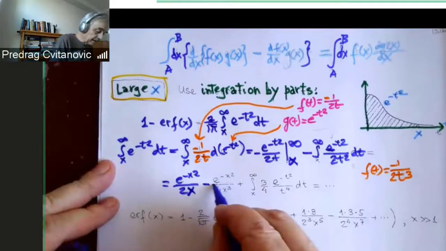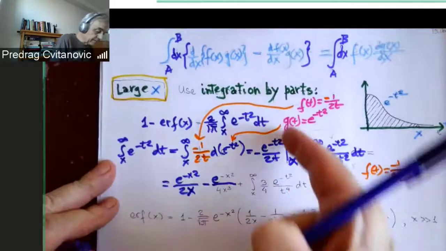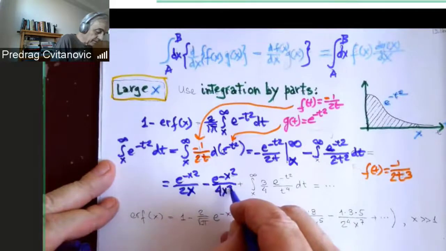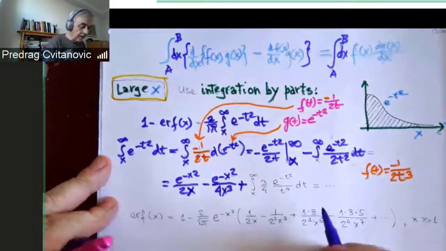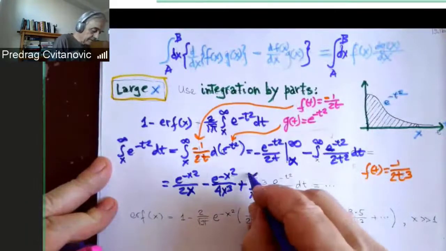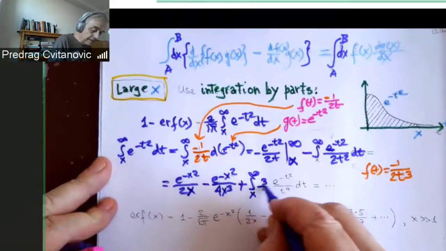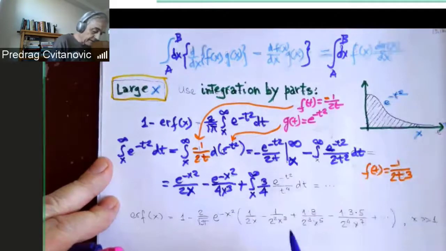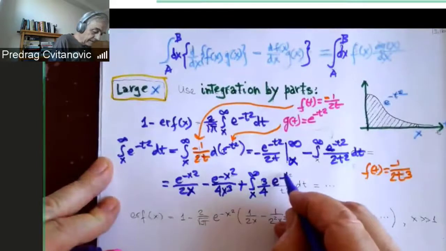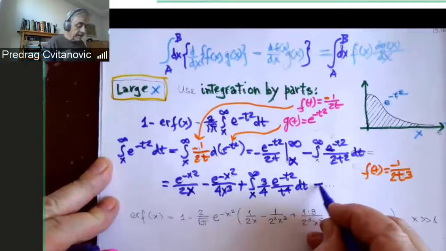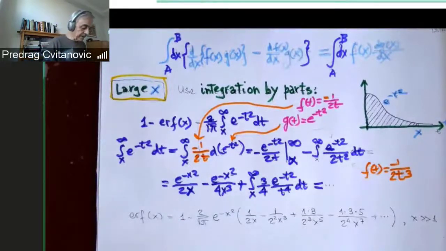From here, I'll get the ends of the integration, minus x squared 4x cubed plus, and now I have this leftover term, this one. There'll be a factor of 3 I have to take care of when I take a derivative. That's why the 3 is here. And now wash and repeat, wash and repeat.